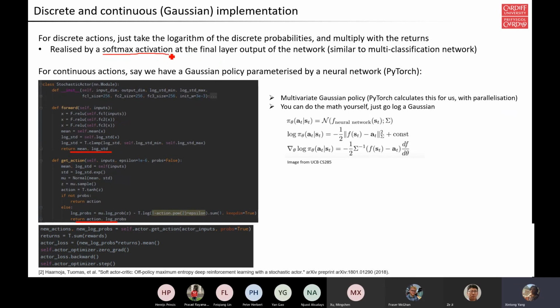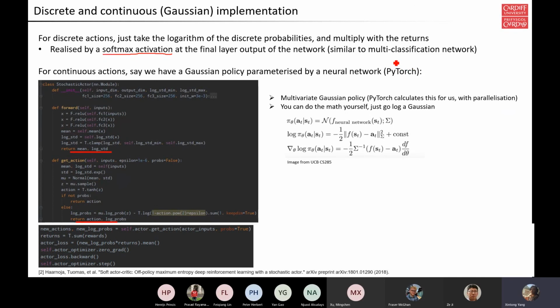A softmax activation makes the output of the network a 0-1 distribution, so those values sum to 1. This is similar to a multi-classification network. So if it's discrete, we get the probability directly, and we can just take the logarithm of it and multiply it with the returns. So this is our gradient.